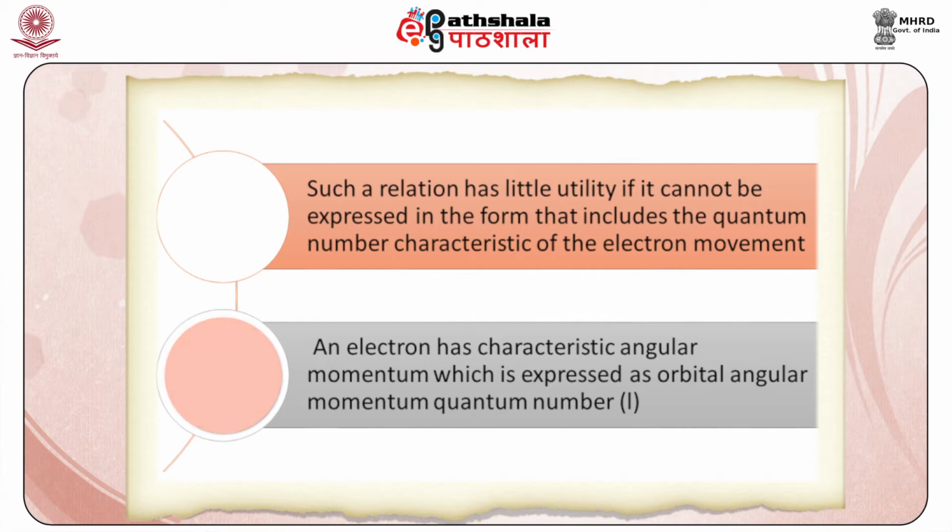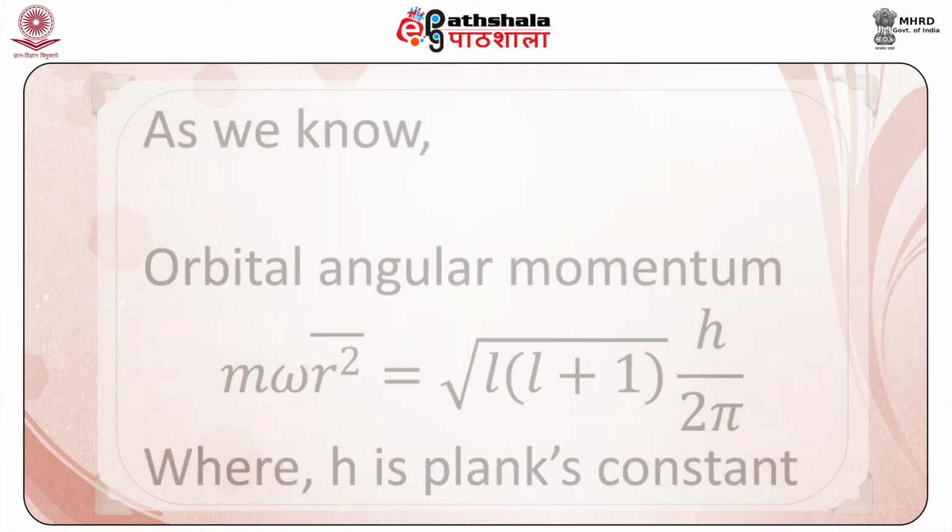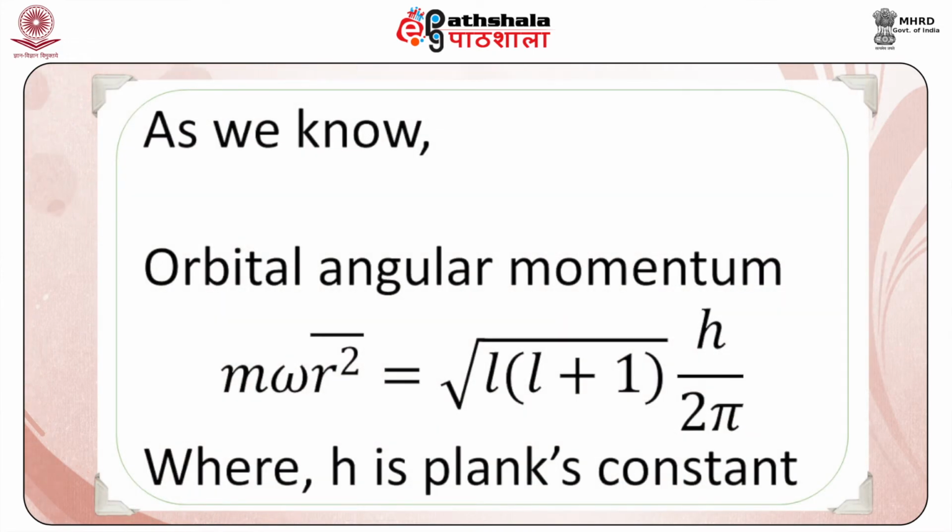An electron has characteristic angular momentum which is expressed by the orbital angular momentum quantum number L. As we know, orbital angular momentum m omega r square is equal to under root L into L plus 1 into h upon 2 pi, where h is the Planck constant.